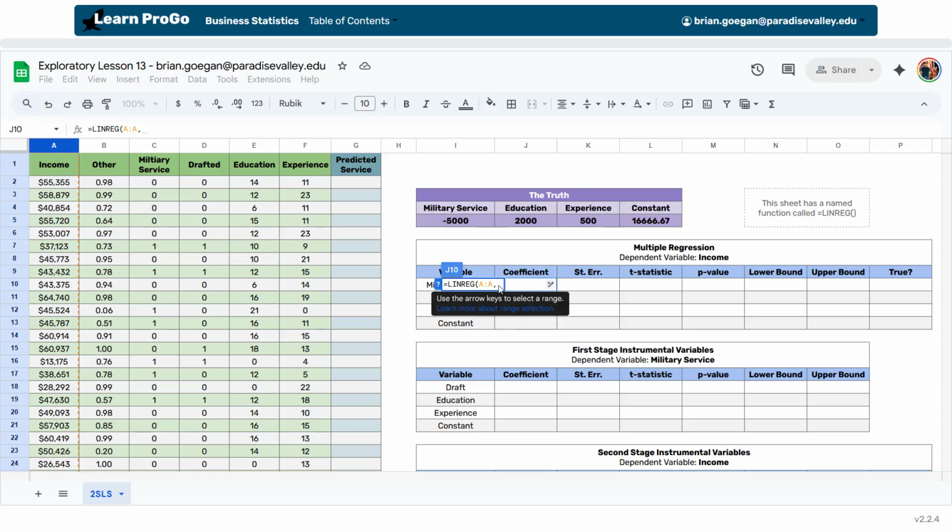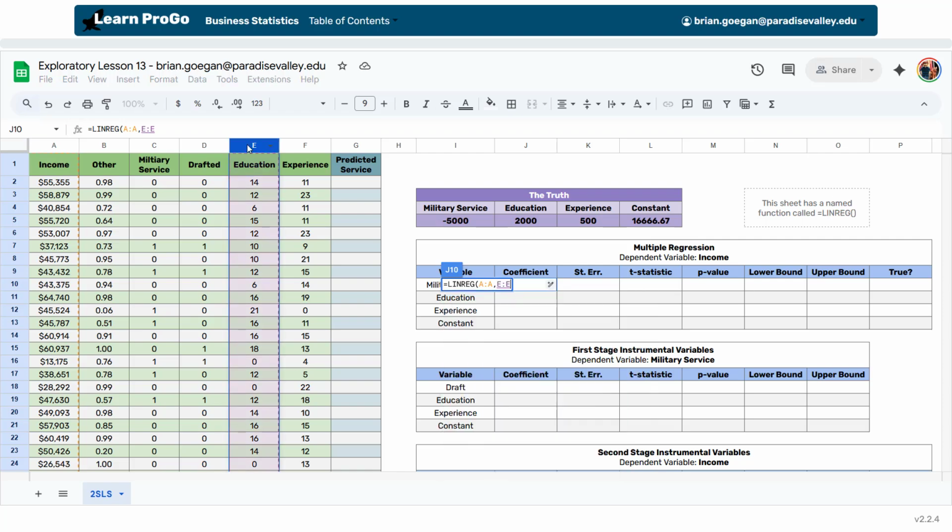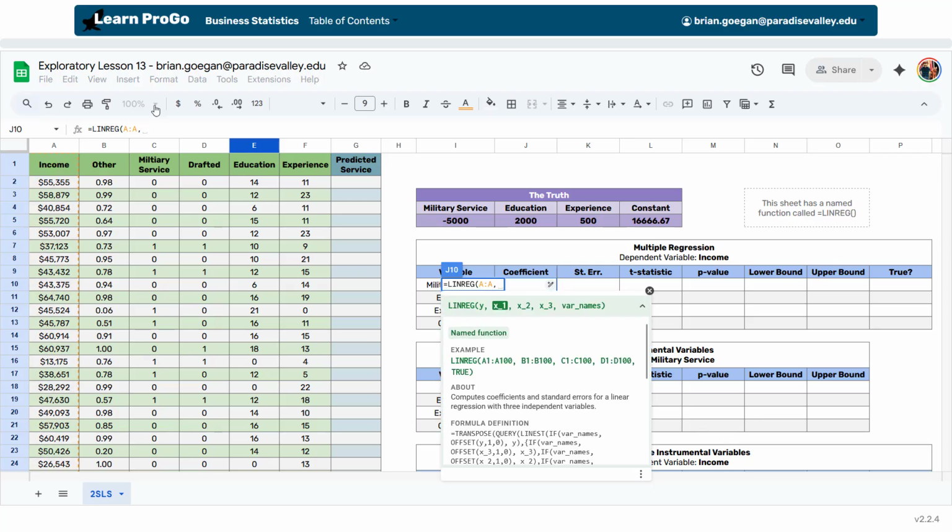Education, experience, and a constant. So I'm going to include education. Oh, and of course, I'm sorry, the first one is, of course, military service. Military service, education, and experience.